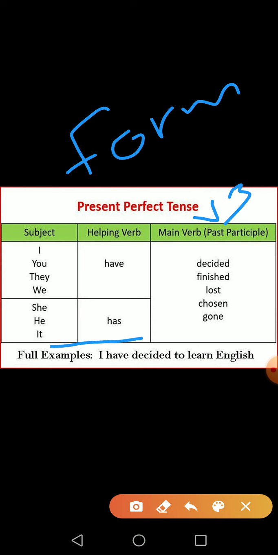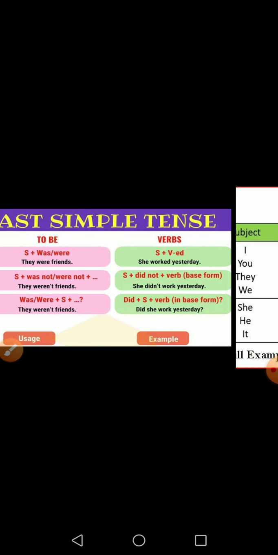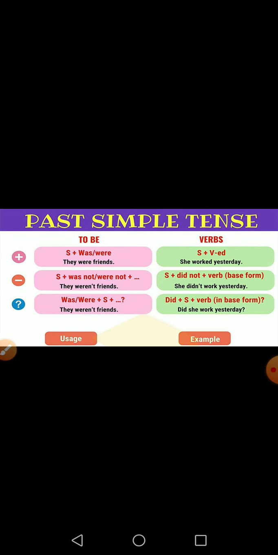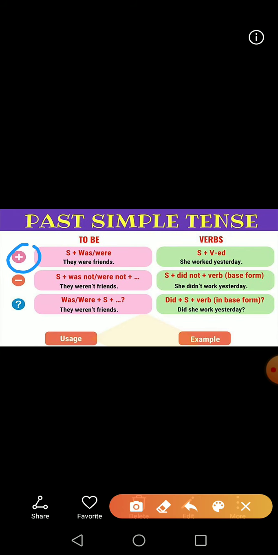However, if I want to talk about the simple past, I have to take into account that we have affirmative, negative, and the question.